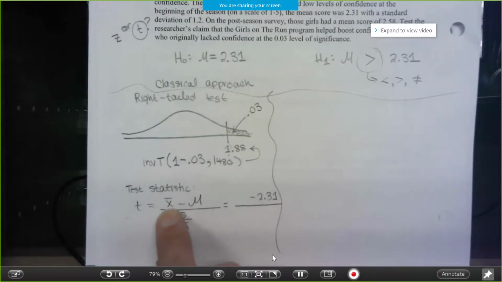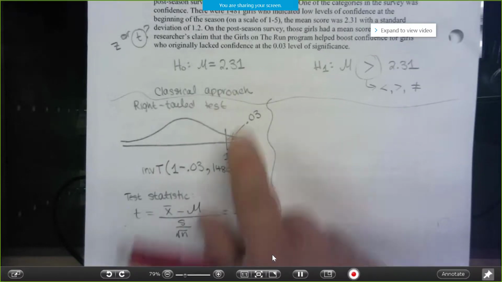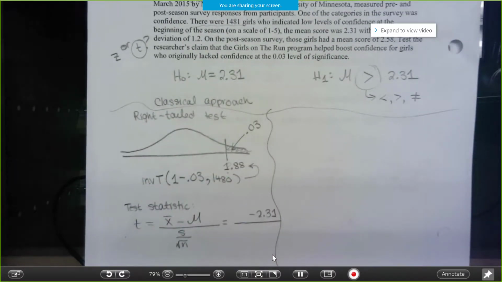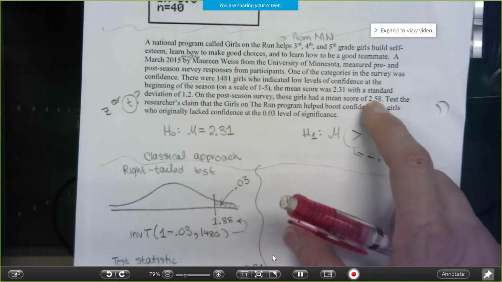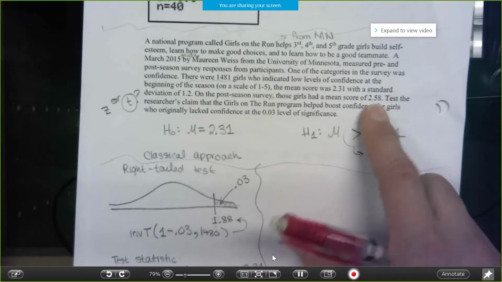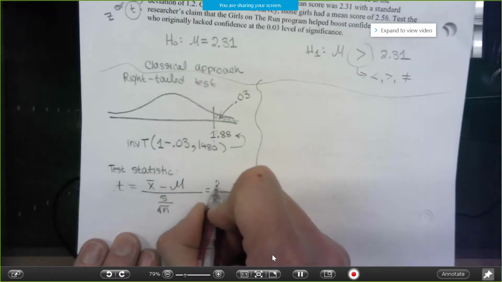Was that my sample average? Well, that's the assumed average. 2.58, right? Because afterwards we assume there was a change, right? So afterwards the mean was 2.58.